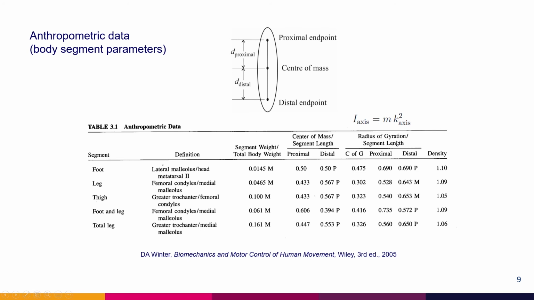And this relates to the moment of inertia. So radius of gyration is k. So if we take k squared times the mass, we get the moment of inertia.